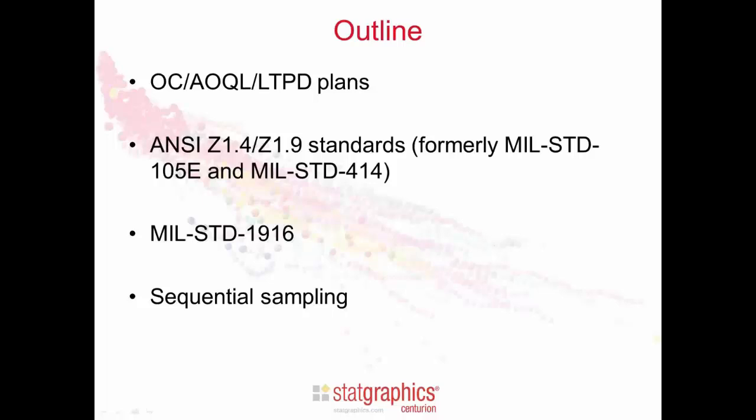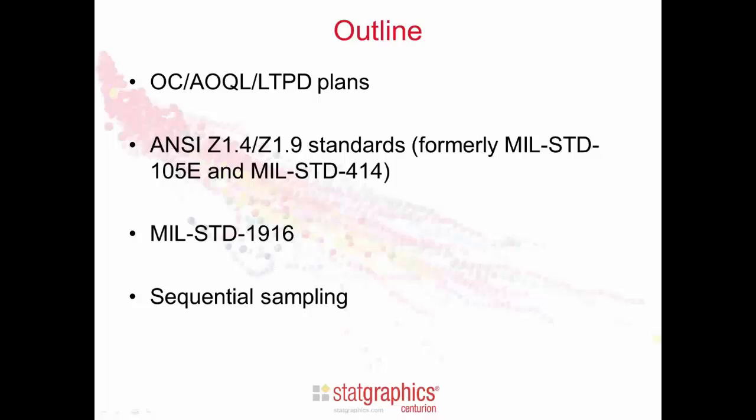The outline for today's webinar covers 4 basic approaches to acceptance sampling. The first approach involves the construction of OC, AOQL, or LTPD plans. And I'll be talking about each one of those as we go along.